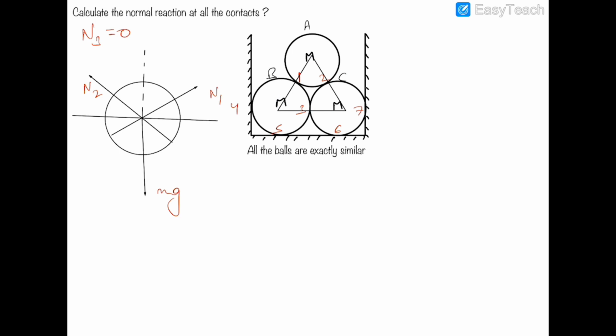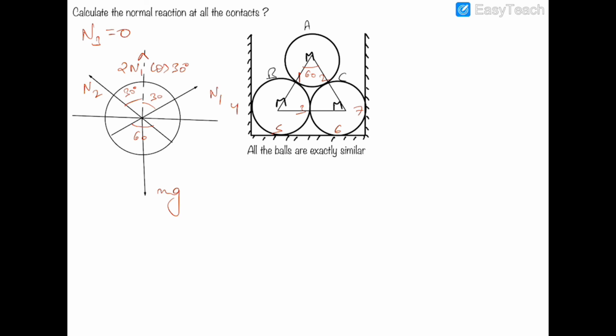So in this equilateral triangle, this complete angle is 60 degrees, this angle will be 60 degrees and this angle will be 30. So the upward component of N1 and N2 will be 2N1 cos 30. I'm assuming that N1 and N2 are equal, and this is a fact by symmetry.